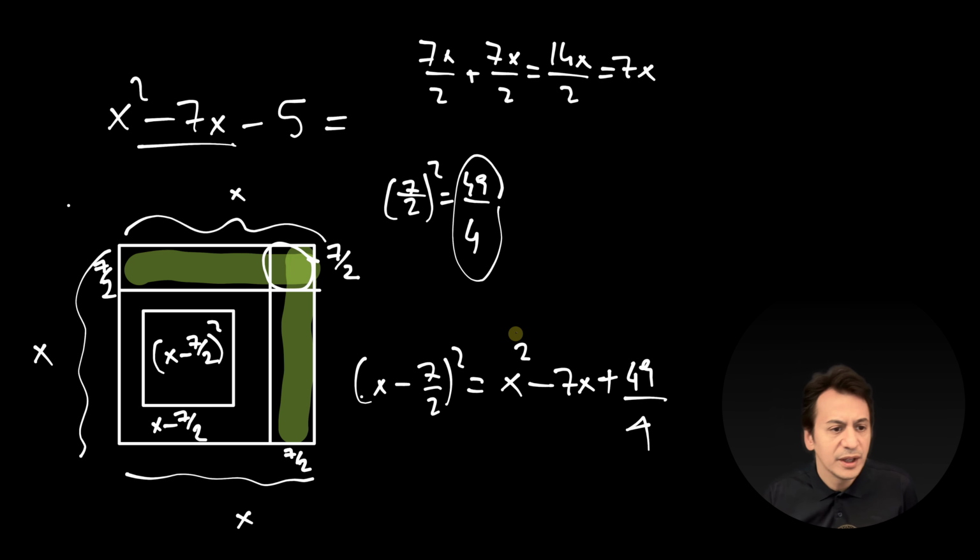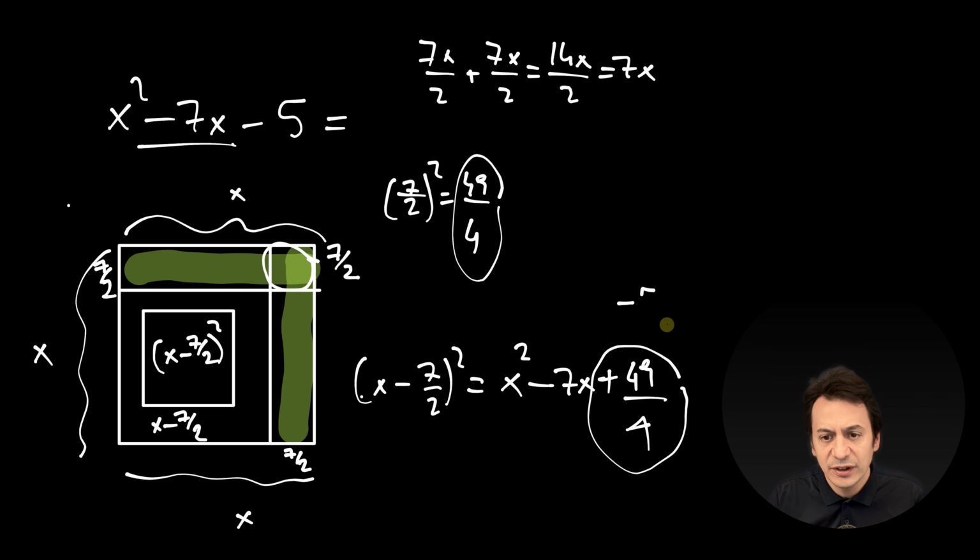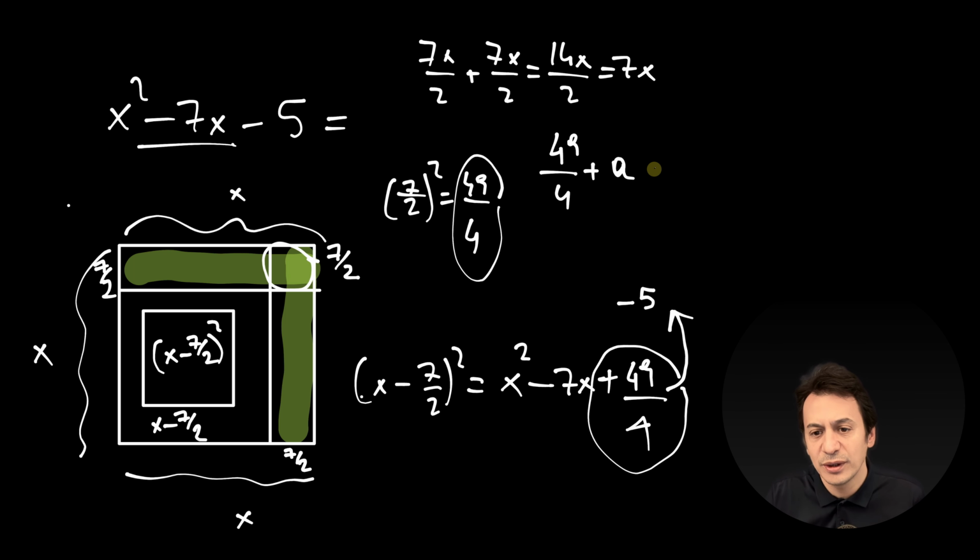But wait, instead of this, you have this. So I have to turn this rational number into this. Let's do it. I want to turn 49 over 4 to, let's call this A. I will add something to it, and then it will become minus 5.